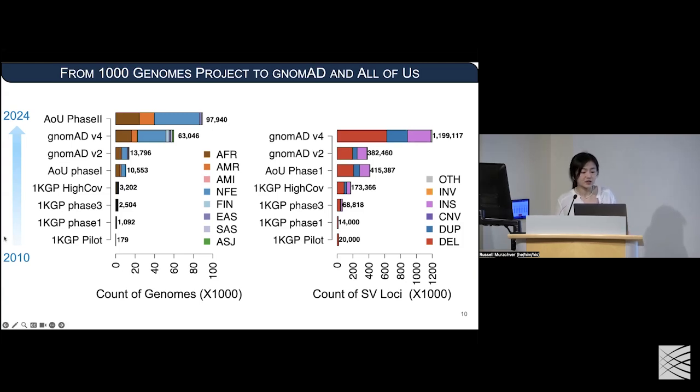So here I listed a couple of studies that, for me, are the landmarks of this field, where for 1000 Genomes, they increased from 100 to 1,000 to a couple thousand.